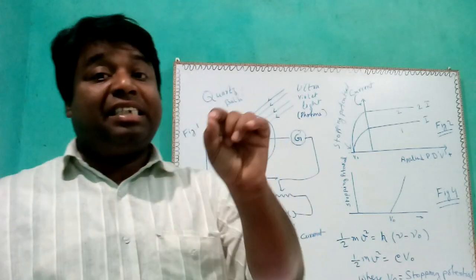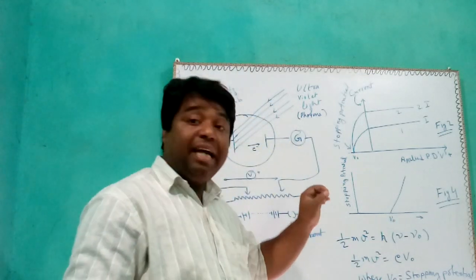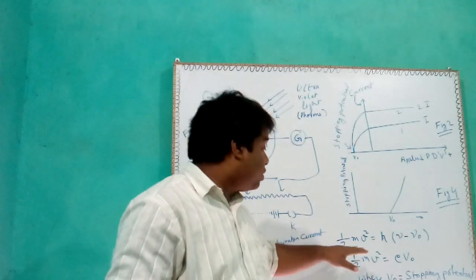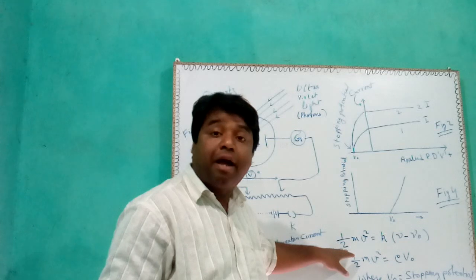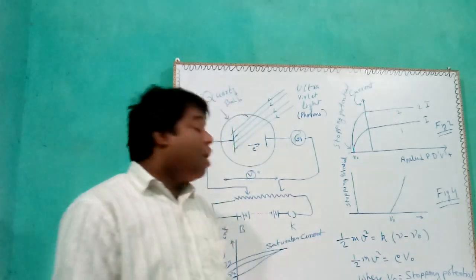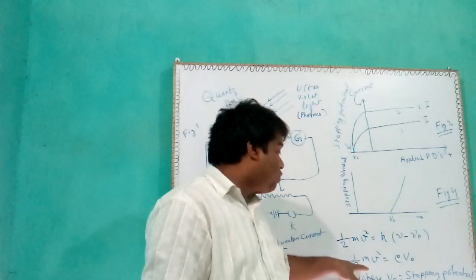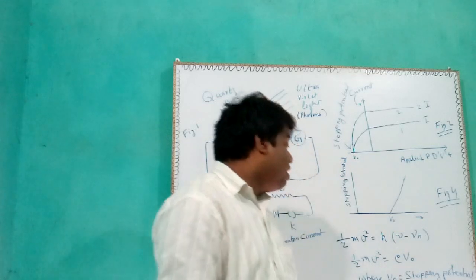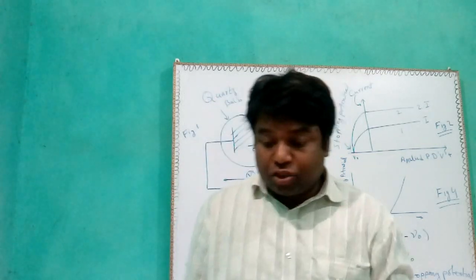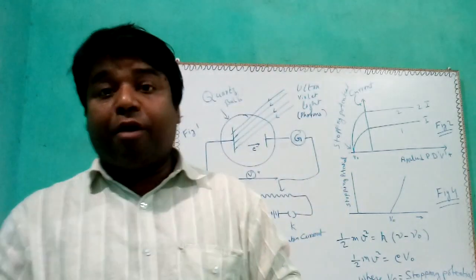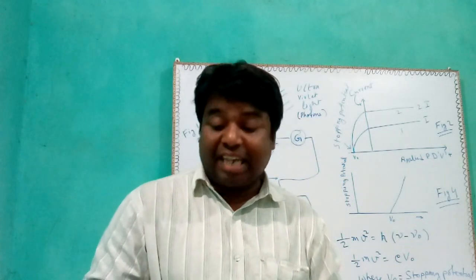Is it clear? Incident photon energy minus the just-needed energy will be equal to half mv square, the energy of the ejected electron. Also, half mv square will be equal to eV naught, where V naught is the stopping potential. So I hope you understand this lecture.